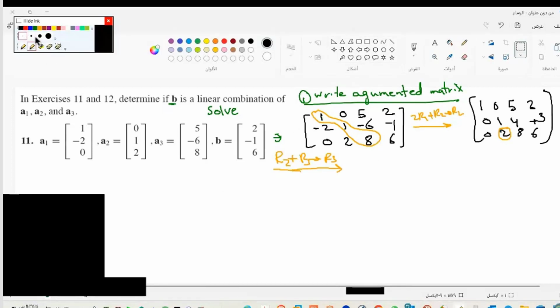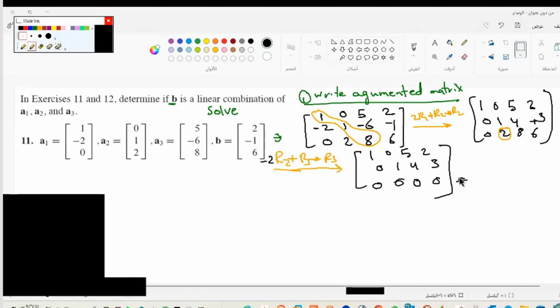I asked you to follow me about these numbers: 1, 0, 5, 2; 0, 1, 4, 3. Here I need minus 2 times R2 plus R3. Minus 2 with 2, it's 0. Minus 2 with 4 is minus 8, with 8 it's 0. Minus 2 with 3 is minus 6, with 6 it's 0.